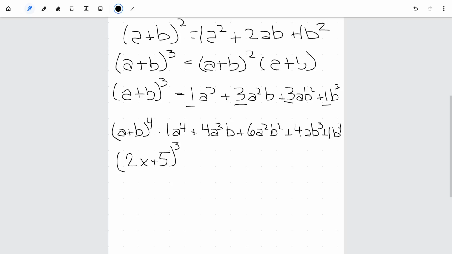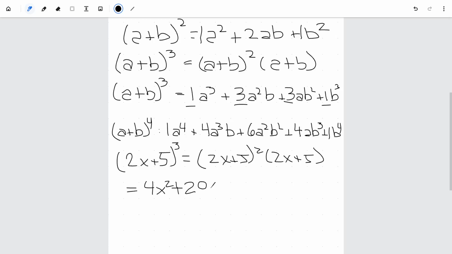The classic way to do this would be to do (2x+5)^2 times (2x+5). And (2x+5)^2 is 4x^2 plus 20x plus 25, sorry about that. And then we multiply that by 2x plus 5.